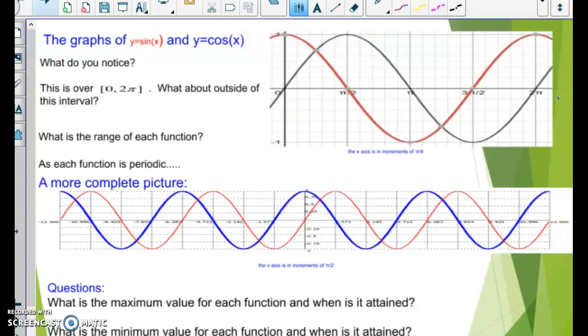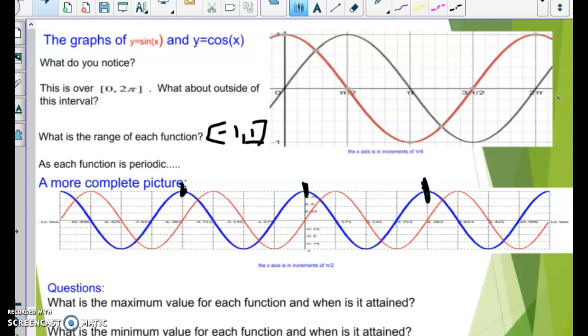So the graphs of sine and cosine are on my picture there. The range is going to be from negative 1 to 1. And we know that it's periodic. From here to here is one period, and from here to here is another period.